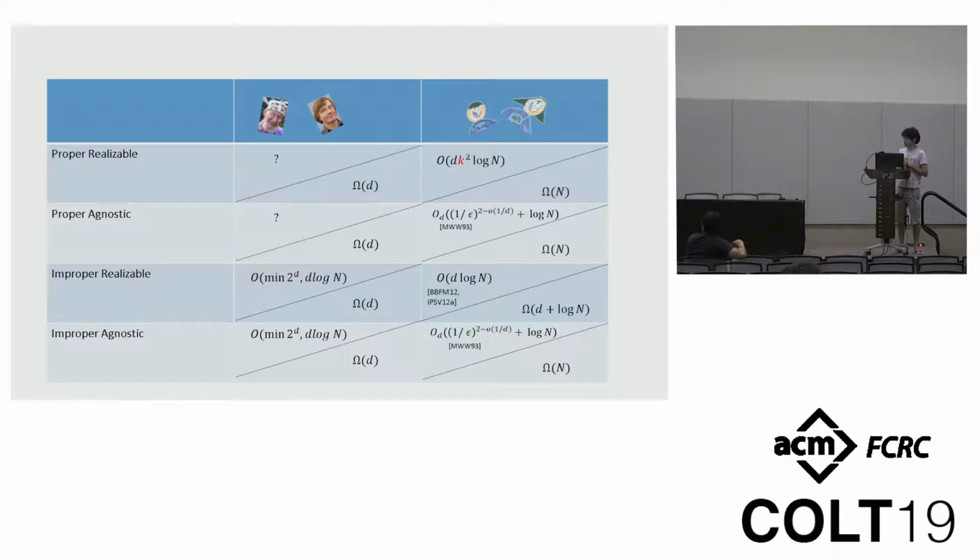In sample compression, we don't know much about proper sample compression, but here we can actually analyze and give a characterization of classes that are learnable in the proper model. Another thing that is interesting is that in sample compression the bound is fixed in the sample size, while in our model, you get a lower bound of log n. For a long time, it was not known if you have a fixed size sample compression, and the best bound was logarithmic in the sample size. And in this model, it's also necessary. You cannot do better.